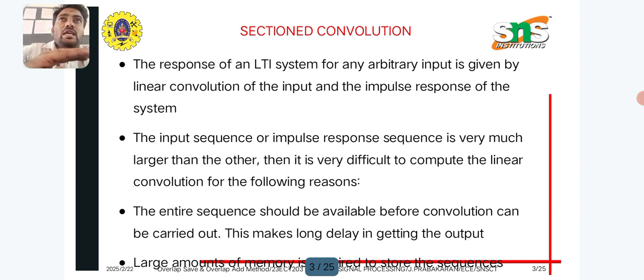Here, in sectioned convolution, we are doing a linear convolution for a lengthy sequence. This lengthy sequence is going to be decimated into smaller-length subblocks.